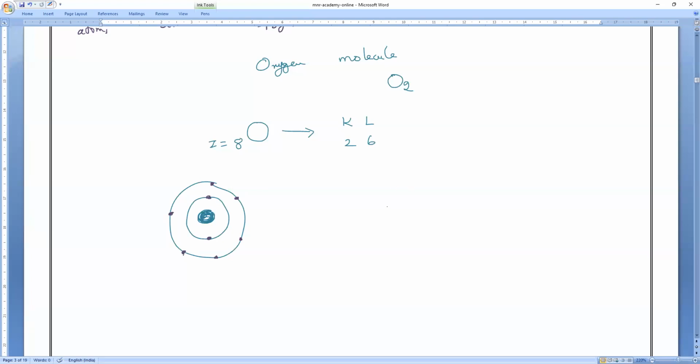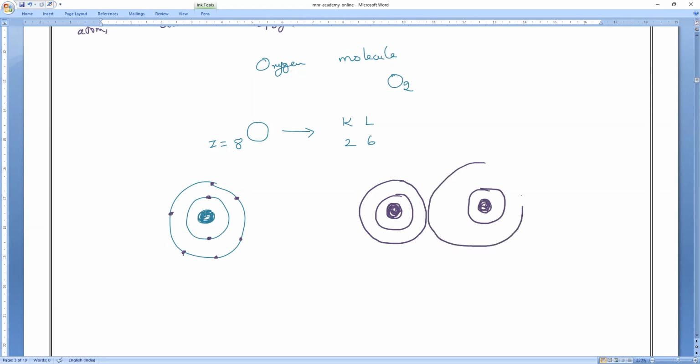So one oxygen atom combines with another oxygen atom. This is one oxygen atom and this is another oxygen atom. Valence shell 1, and I am drawing another shell, so please adjust and draw. Here they will share 4 electrons.